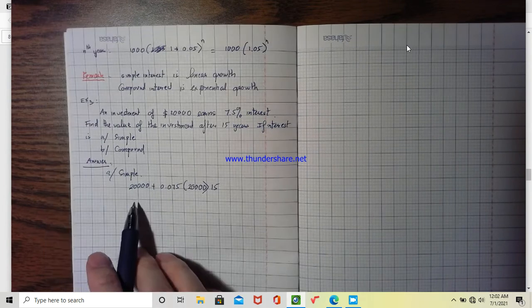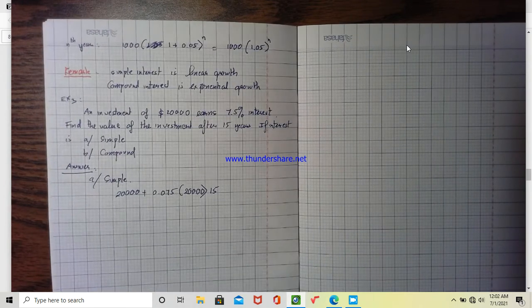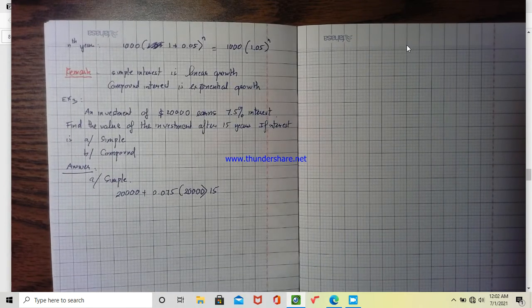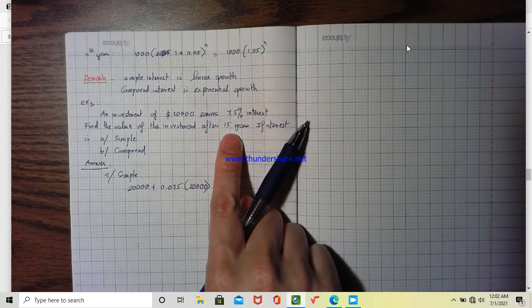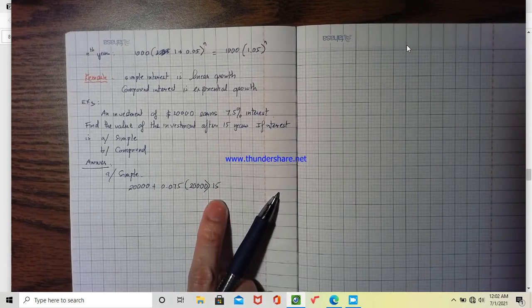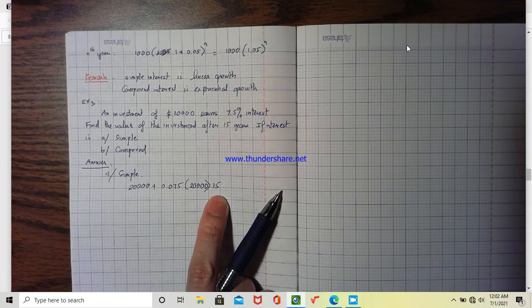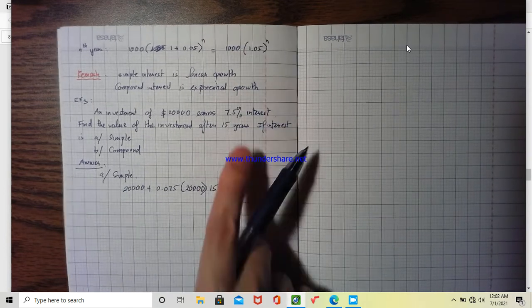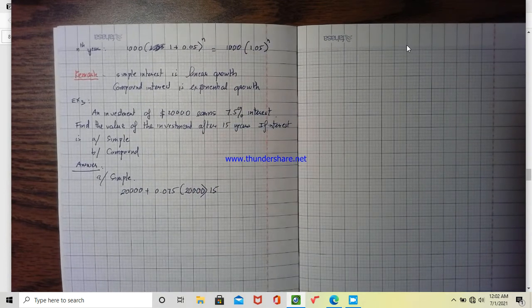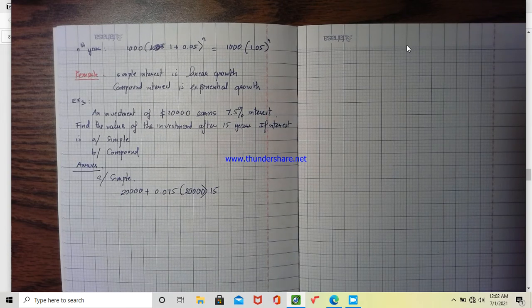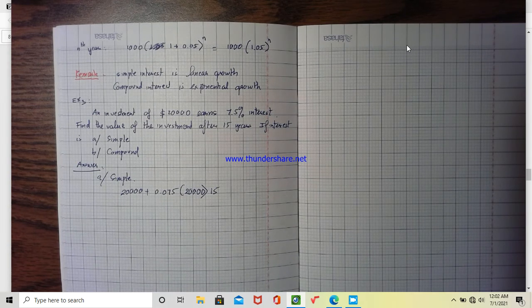If you add it to 20,000, it gives you the total amount of money after the first year. But because this is after 15 years, we have to multiply by 15. Then you add it to 20,000.